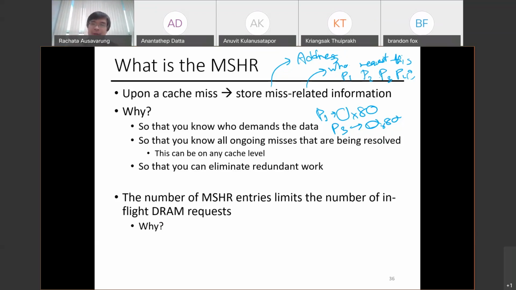How many ongoing DRAM requests can I issue at the same time? I will be able to issue up to 32 requests, right? Because if I have a cache miss, I first need to allocate an entry in the MSHR. If I run out of entries, I cannot allocate one. I have to wait. So I can only issue up to 32 DRAM requests.